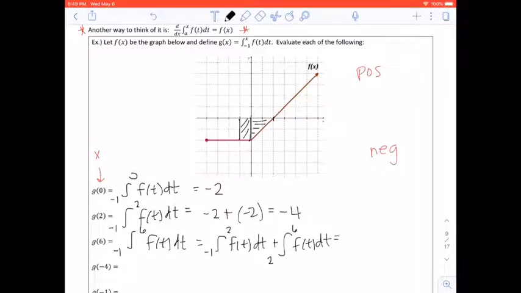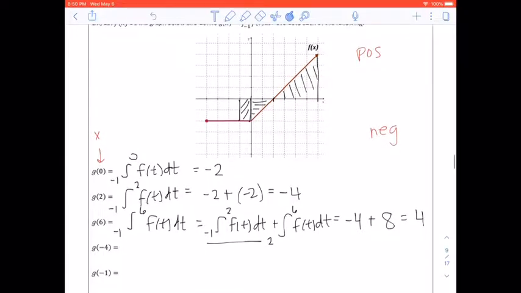And since we already know the first integral, the one right before it, that is going to be negative 4 plus, and then going from 2 to 6 is this area in here, which is now above your x-axis, which is going to be positive. And that area, it's a triangle, is 1/2 base times height, which is going to be 1/2 times 4 times 4, or half of 16, which is 8. So this total area would be 4.